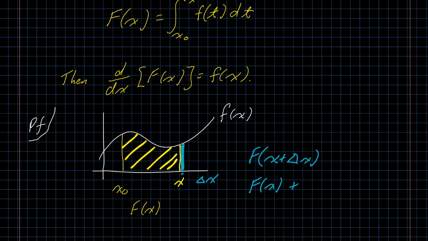Well, I don't quite have a formula for that, but if I take a small enough value of delta, I can again approximate that this thing is a rectangle. Its height is the value of the function, so that will be little f of x times the width, which is delta x.